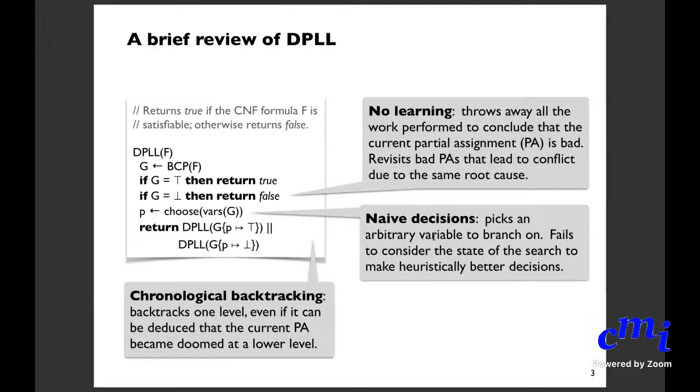Because as I told you, the way you make voluntary decisions, which variable you choose, and whether you choose to make it 1 or 0, very much impacts the depth to which you need to go before you can declare the original formula to be SAT or UNSAT.